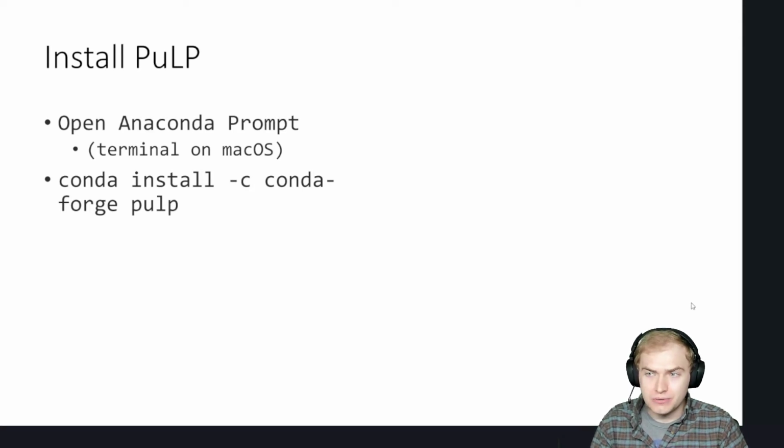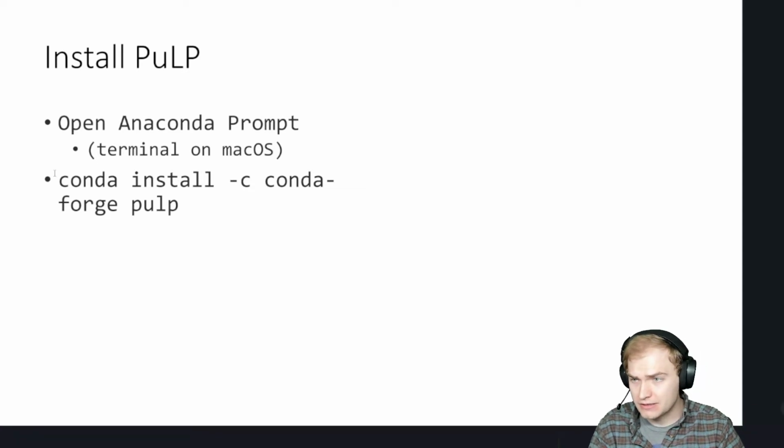And on Windows, you open up Anaconda prompt, which I had to open as an administrator. I think that's because my Anaconda was installed across several users on my machine. But if something's not working, try running Anaconda prompt as an administrator.